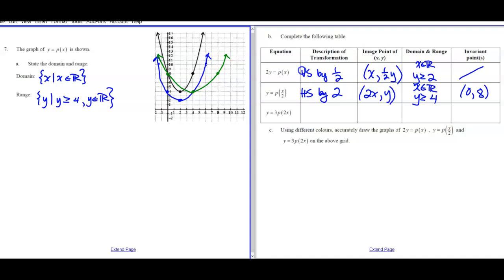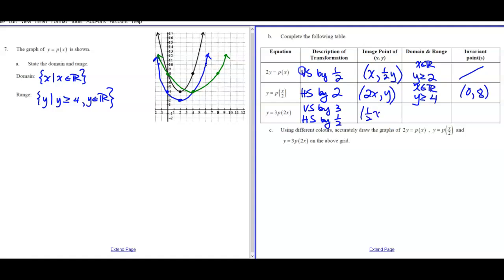Okay, and then the last one in the chart has both. So this is vertical stretch by 3, horizontal stretch by 1/2. Okay, so then we'll have x and y.